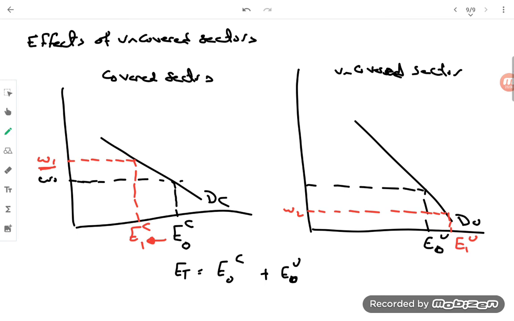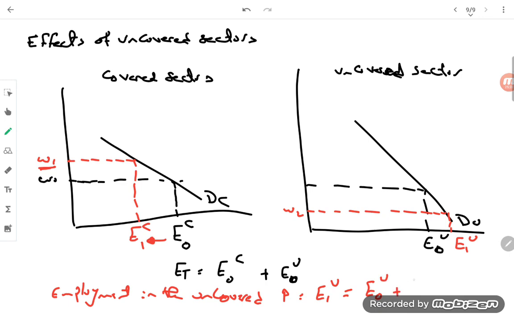So employment in the uncovered sector increases to the value E1U, which is calculated as E node U plus the difference between E node C and E1C.